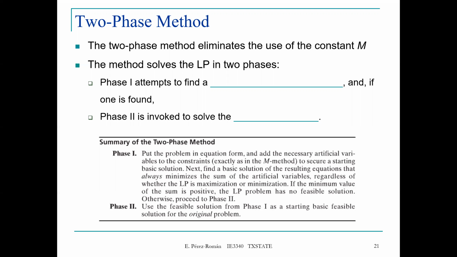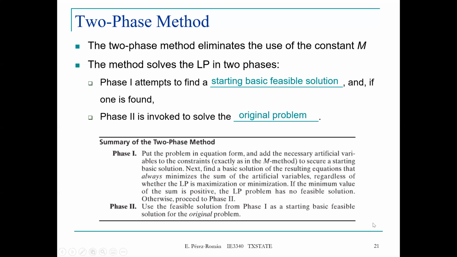The method solves the linear program in two phases, and that's where the name comes from. Phase one attempts to find a starting basic feasible solution. And if that is achieved in the first phase, then phase two is invoked to solve the original problem.